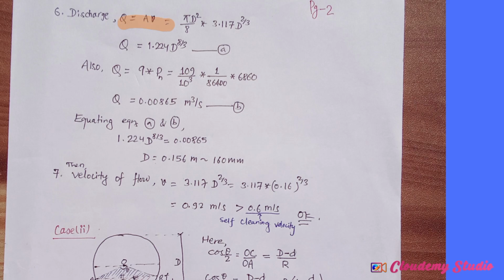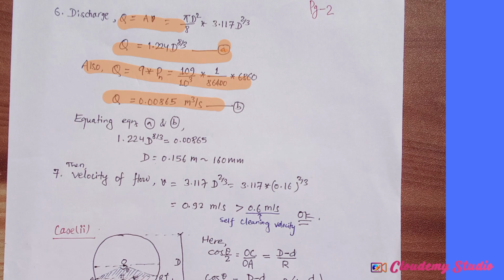Now discharge Q equals A times V, Q equals 1.224 d to the power 8 by 3. Also the discharge equals the rate of sewer supply, that is rate of water supply times population, which comes to 0.00865 meter cube per second.